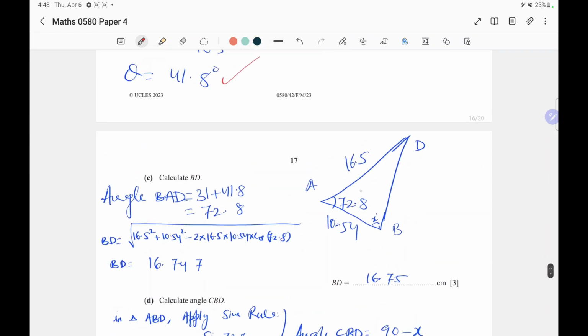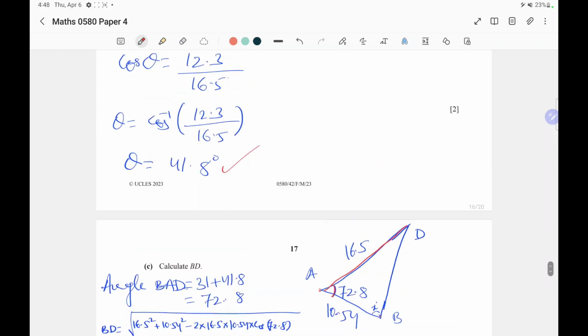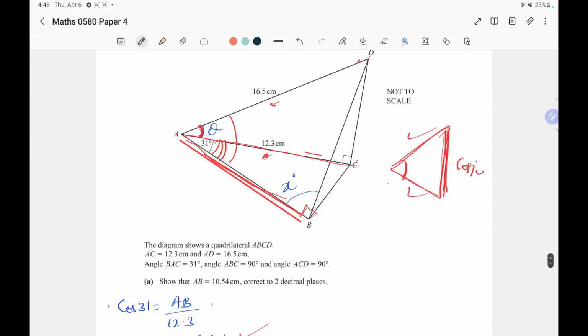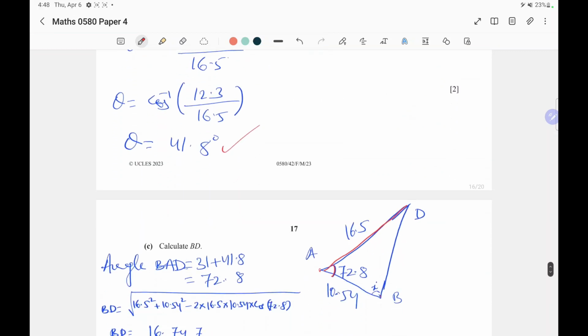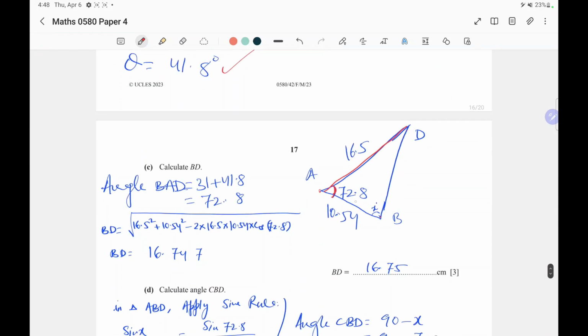So here you can check. This is A, B, D. This length is 16.5, this length is 10.54, and this angle is 72.8. Angle BAD is 31 plus 41.8. Please check, this is 31 and this is 41.8, so this angle is 72.8.